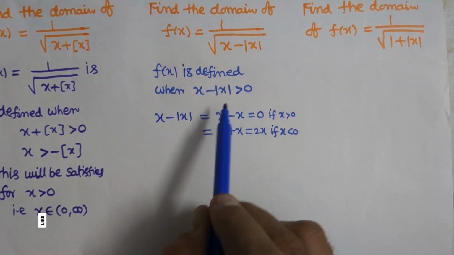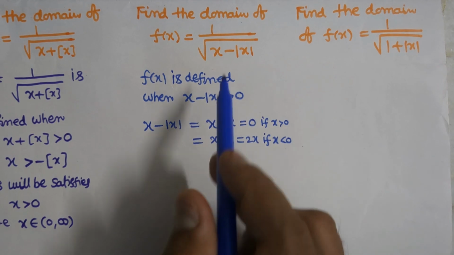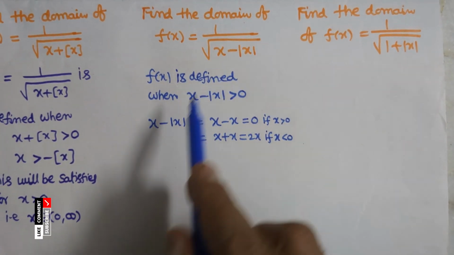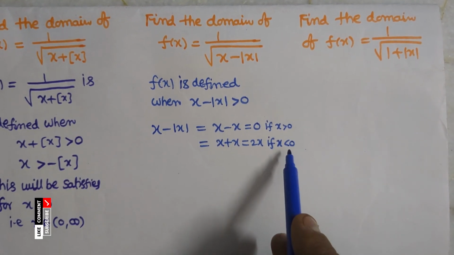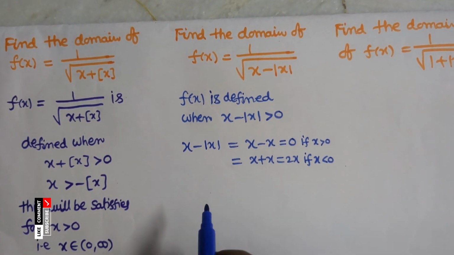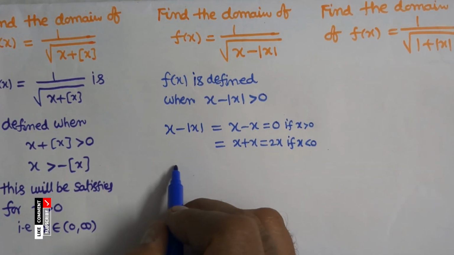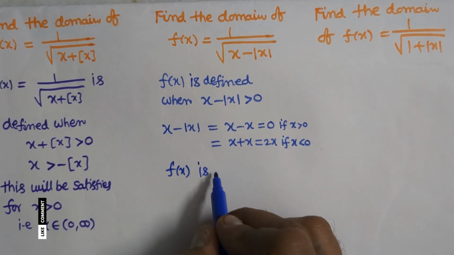Here it is less than 0. Whenever x minus mod x is less than 0, the root value cannot exist. Since x is less than 0, x minus mod x, that is 2x value, is less than 0. So the root value cannot exist. So f of x is not defined.